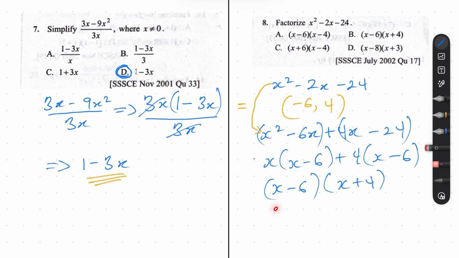So this is our answer. Let's see, is it in the answers? We have x minus 6, x plus 4. So here it is. We have B.